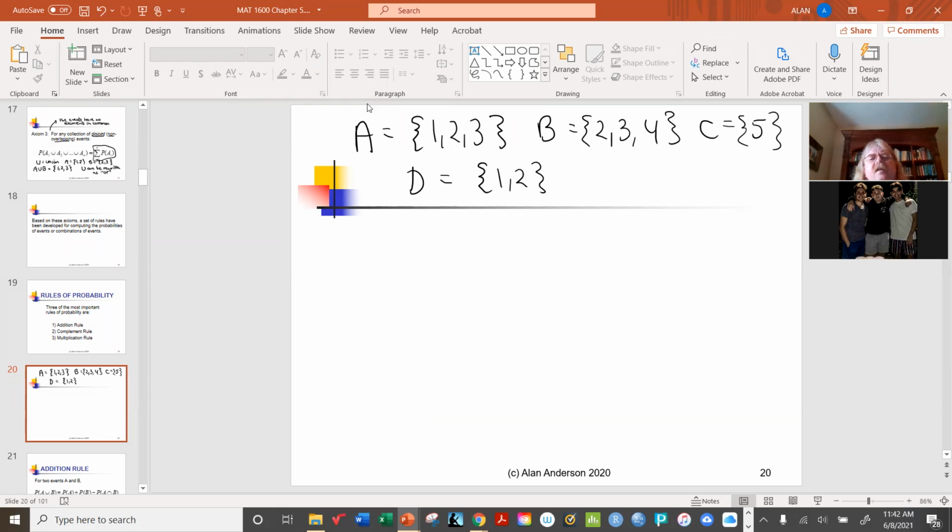So for the union, like I said before, I'm literally just combining 2 sets. Let's say C union D is 1, 2, 5.